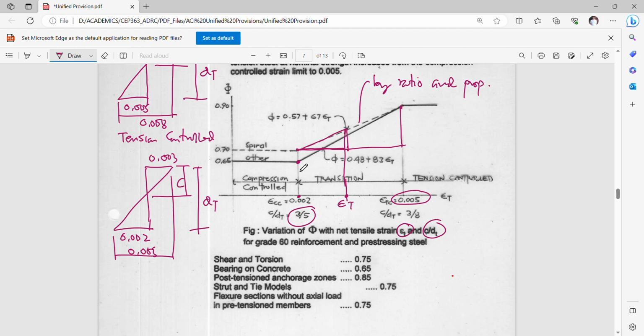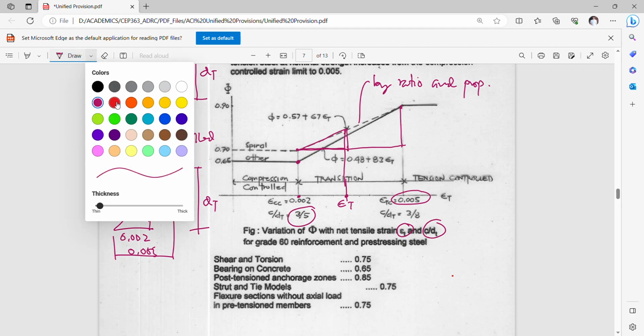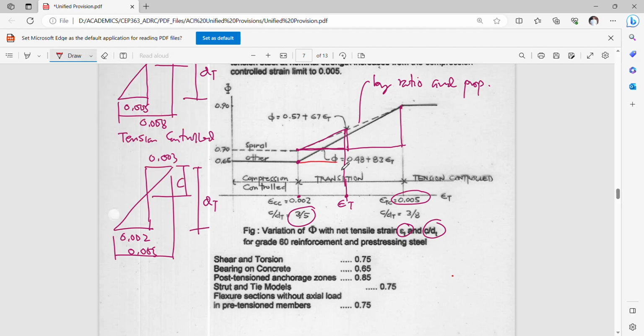So for this, we can get another triangle here and a triangle here. So doing the proportioning, we get this. I think this is 0.67 plus 0.83 epsilon t, and this is 0.48 plus 83 epsilon t.